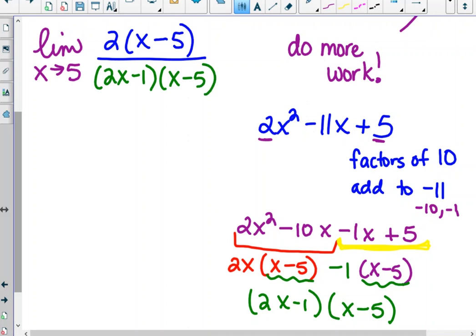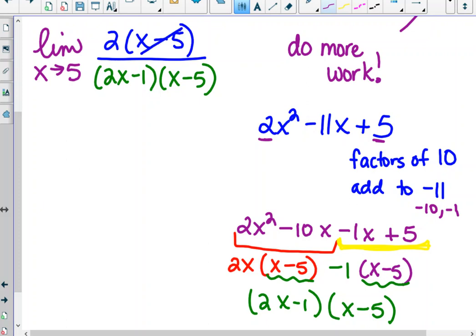Another way to figure that out, once we figured out the x minus 5 was up here, we knew we needed an x minus 5 down here for the 0 over 0 to happen. So I could look about, okay, minus 5, this needs to be a minus 1 to end up with the plus 5. The x, need the 2x to get the 2x squared. Okay.